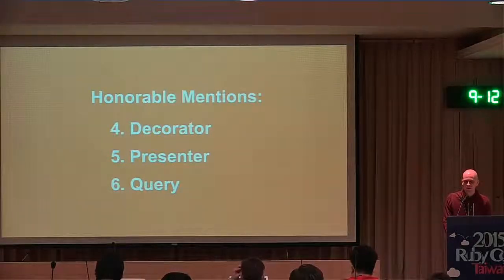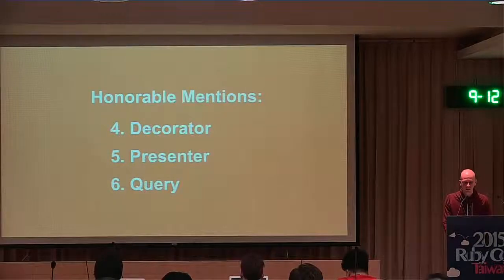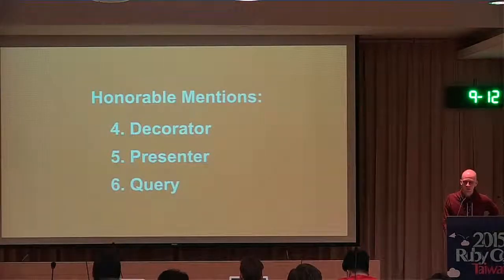So you can think of it as a very lightweight wrapper for your object, usually a model, that adds some functionality to it. The way I've seen this used in Rails is mostly related to view logic. So instead of putting your view logic inside your model, you add it to your decorator and you decorate your objects close to the view. There's also a very popular gem called Draper that does this very well.